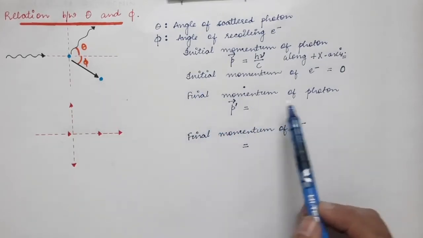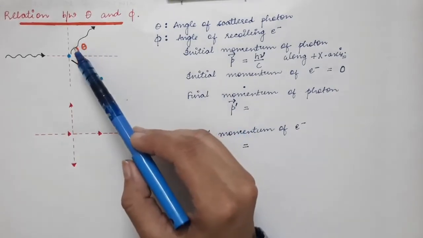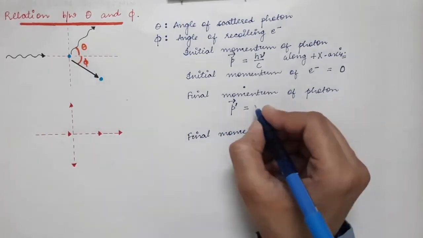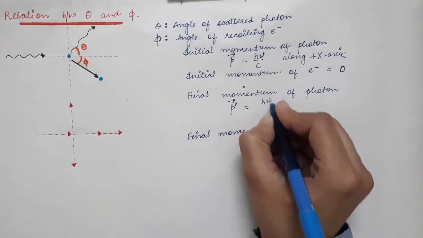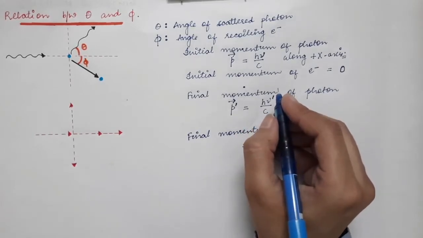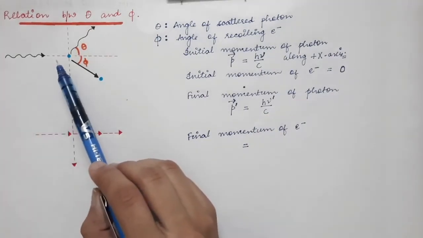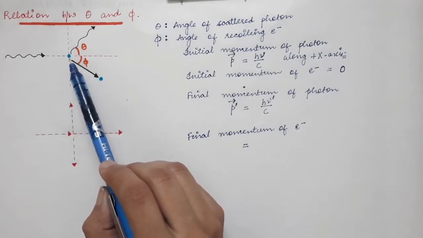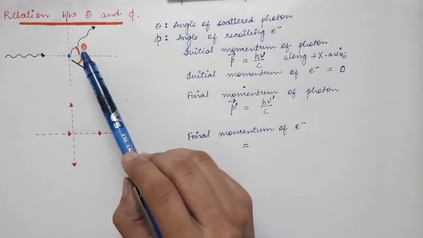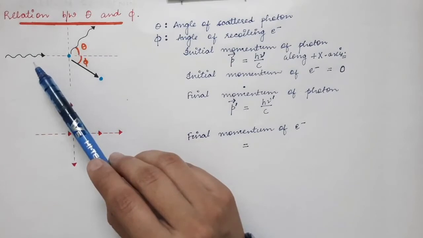The momentum of the scattered photon is represented by p prime vector, and it is given by h nu prime divided by c, where nu prime is the frequency of the scattered photon. As we have said earlier, when the photon undergoes Compton scattering with the free electron, it loses some of its energy, so the scattered photon has less energy than the incident photon.